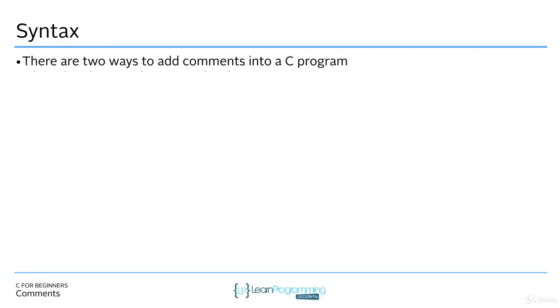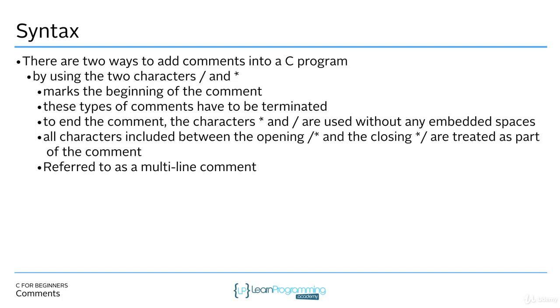The syntax for providing comments in your code is there's two ways you can provide comments in your code. And again, this is very, very similar to Java, very similar to many languages. But in C, you can either have multi-line comments or single line comments. If you use two characters, the / followed by the asterisk, this will signify a multi-line comment, a comment that spans many lines. And the /* marks the beginning of that comment.